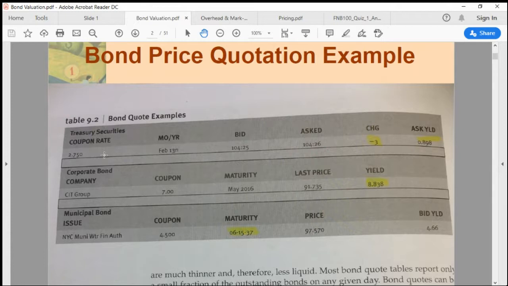That's the interest rate per year, and the interest rate is always based on the face value of the bond. The face value of the bond is always $1,000. So at maturity, you will get $1,000, and until then, you will get 2.75% interest, which is also called coupon interest, annually, which is then $27.50 a year. That's 2.75% of 1,000.